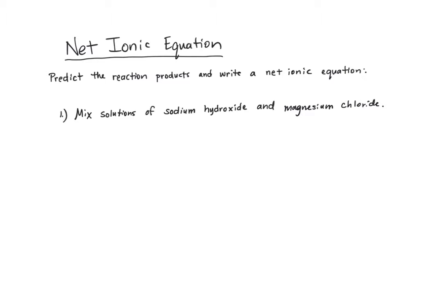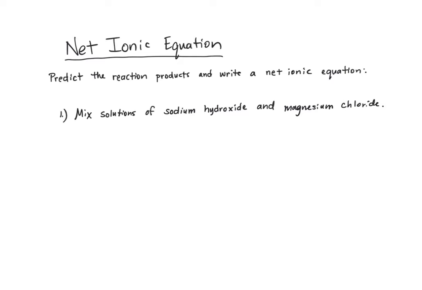Any ions that aren't changed from one side of a reaction to another, in this case, are known as spectator ions and can be eliminated from the overall equation to leave us with just those ions that participate in a chemical change.